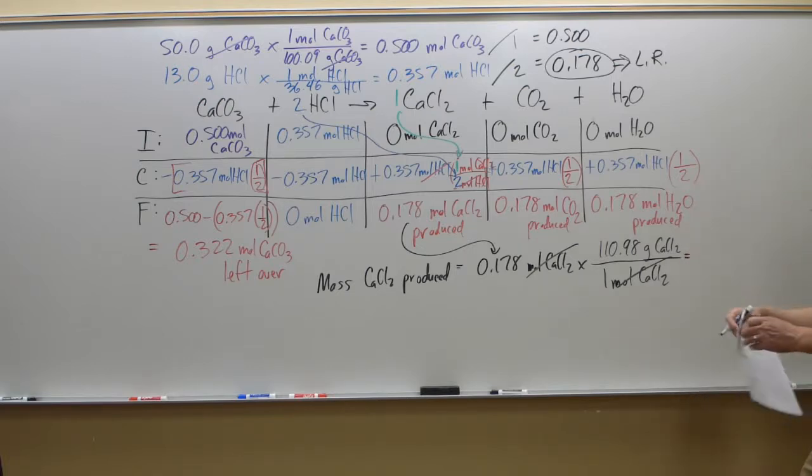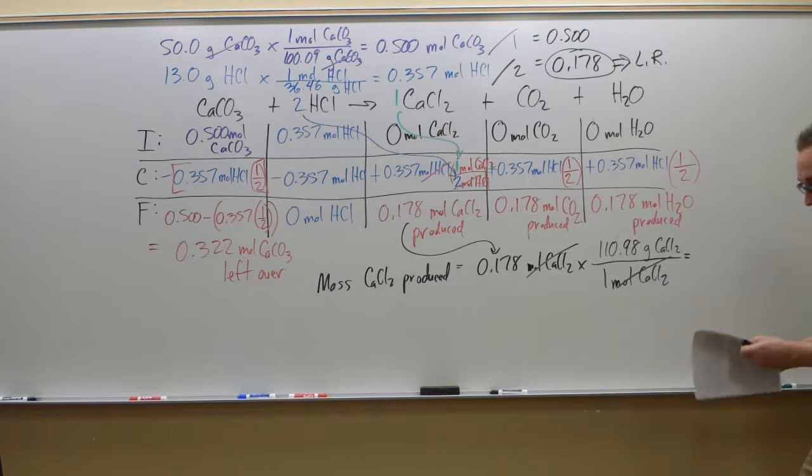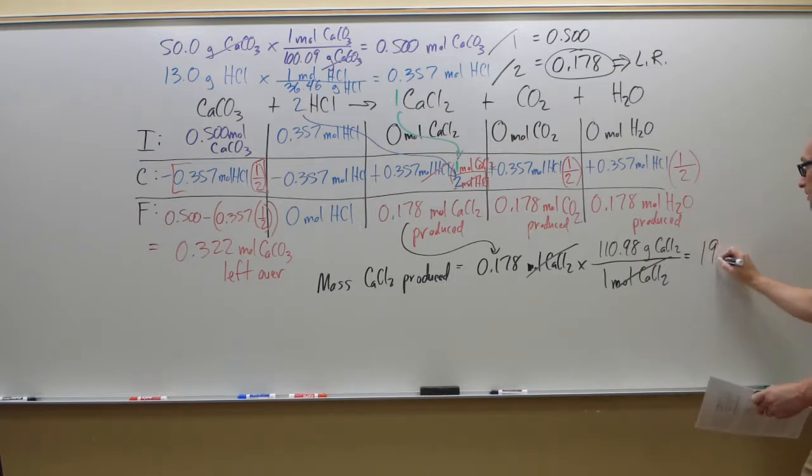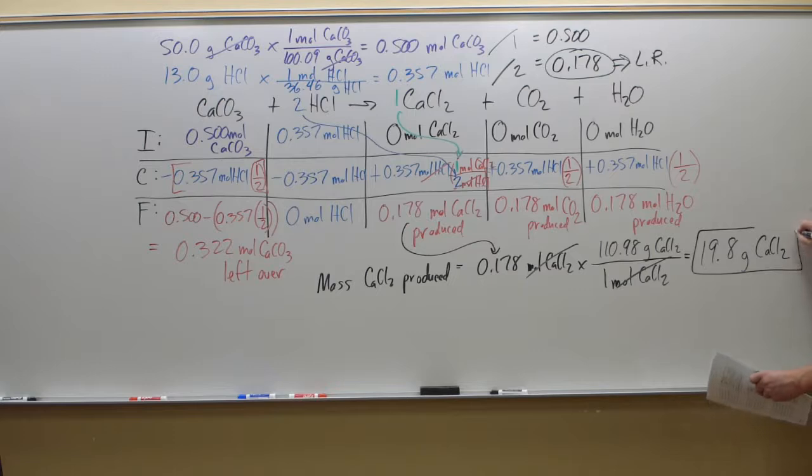Okay, and that would come out to be, with sig figs and all, 19.8 grams of calcium chloride. This looks like a lot of work for one answer, but we didn't get just one answer. All right, go to the next slide.